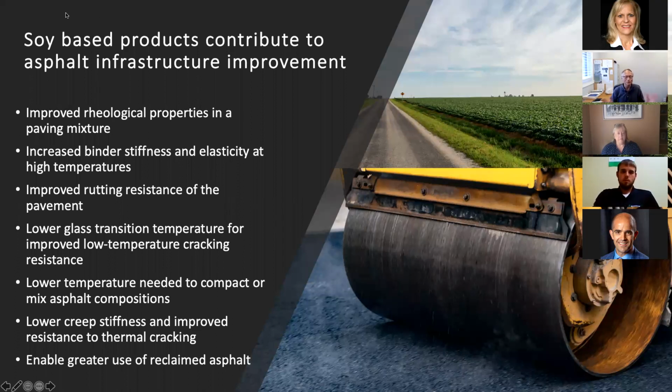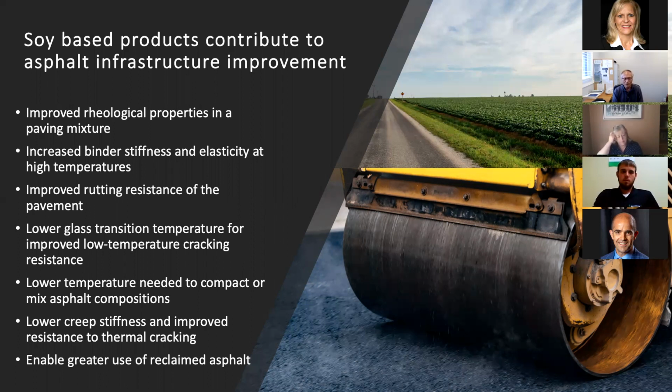I'd like to talk about soy-based products, first of all, in the asphalt infrastructure improvement. One thing the soy products do is improve the rheological properties of the asphalt paving mixture. It does increase the binder stiffness and elasticity at high temperatures, which also helps improve the rutting resistance of the pavement.